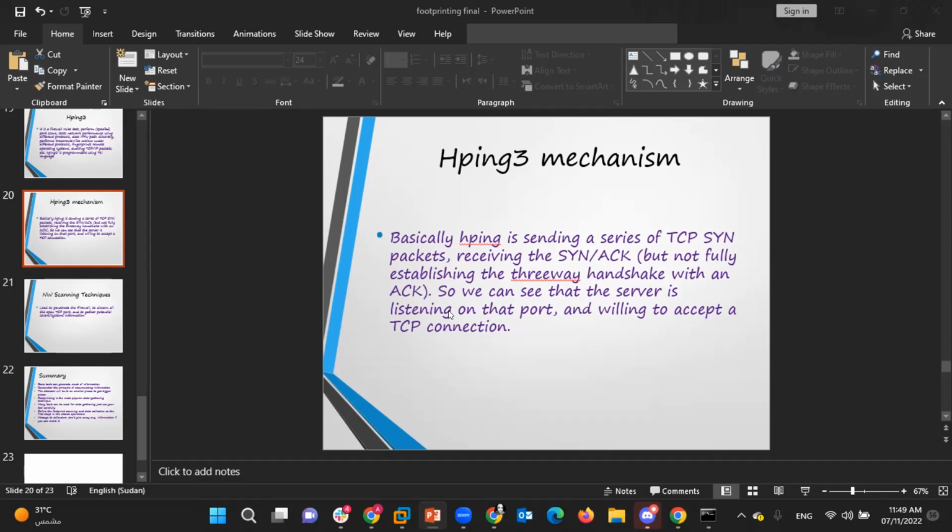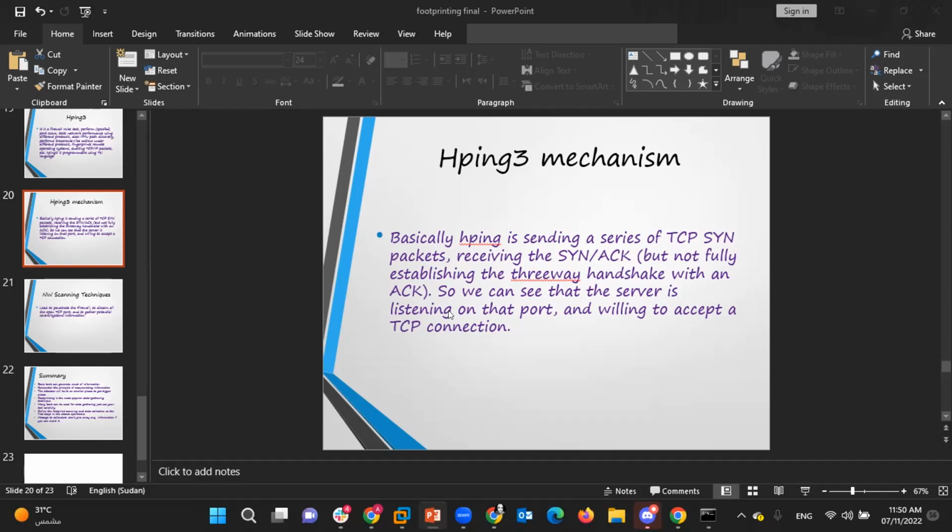So we can see that the server is listening on that port. When we receive a SYN-ACK, it tells us the port is listening. So we get an idea that this port is open and listening on that server.